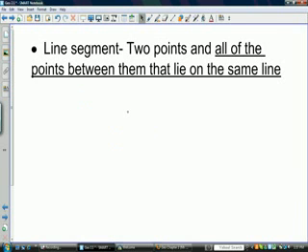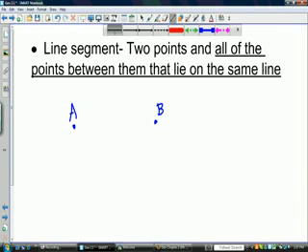So a line segment is two points and all the points between them that lie on the same line. So let's see what that means. If we have this point, call it A, this point, call it B, and if we want to fill in all of the points in between them, we can just use this.